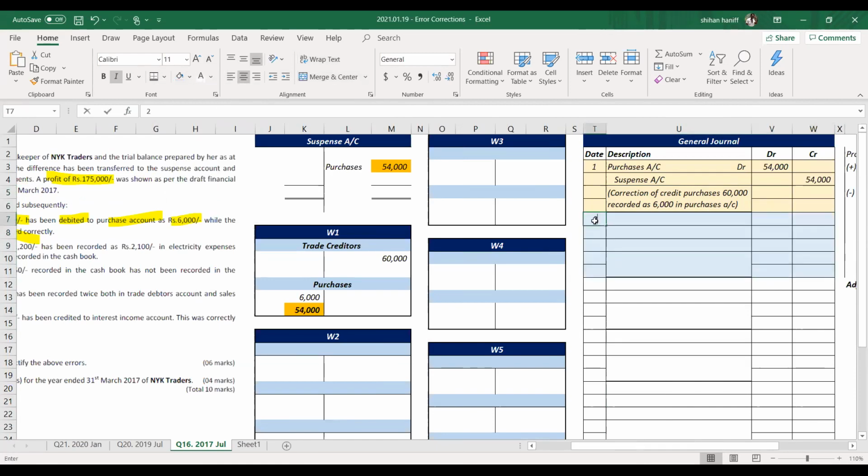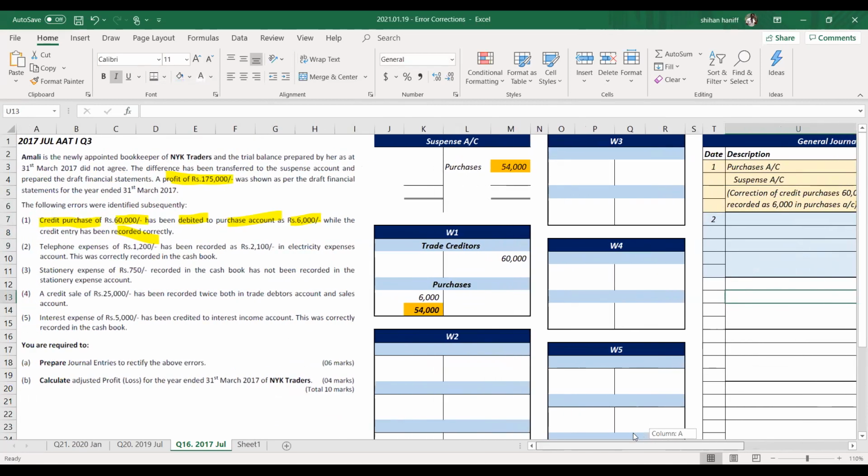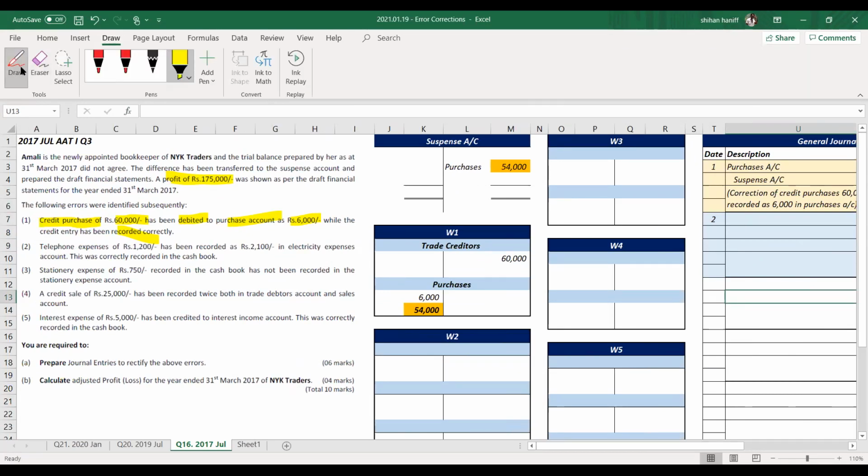Then number 2. Telephone expense 1200 has been recorded as 2100 in electricity expense account. This was correctly recorded in cash book. So telephone expense double entry will be cash account credit.